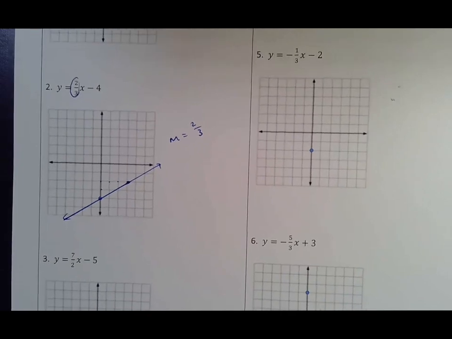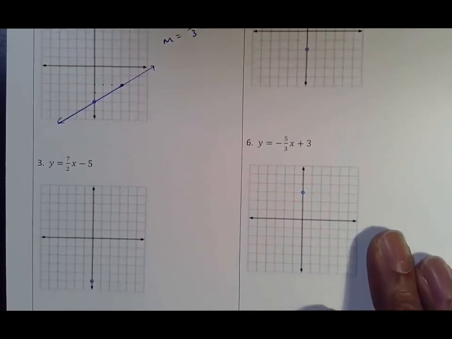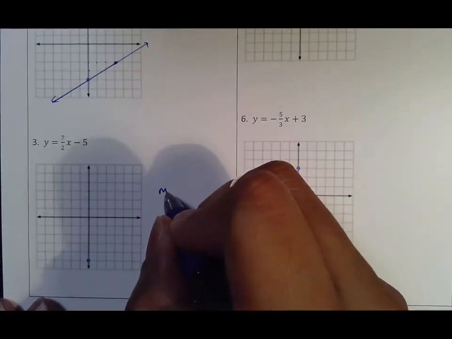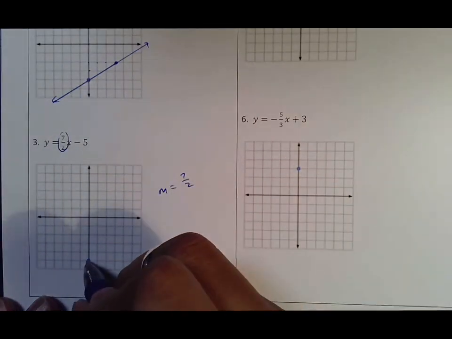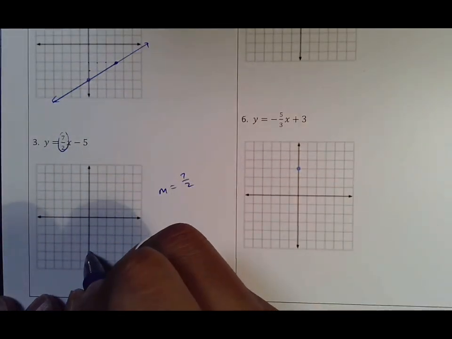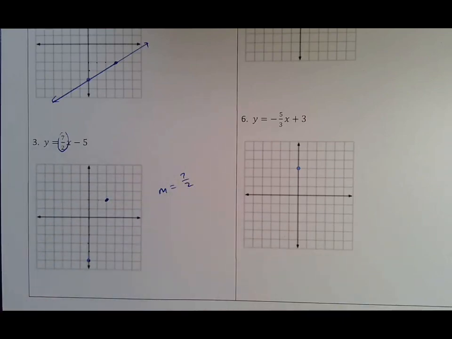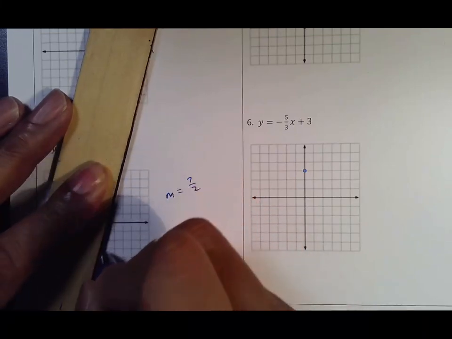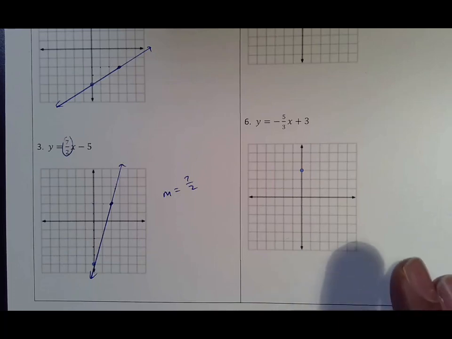I think it's curved anyway, but that's it. The first part of your job this week is taking an equation, recognizing that the slope is 7/2, finding the dot that's already there, going 1, 2, 3, 4, 5, 6, 7 over 2, and then using those 2 dots to make your line. That is all there is to it.